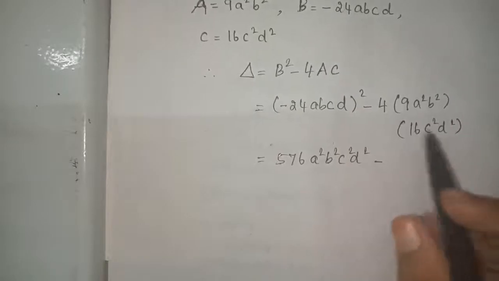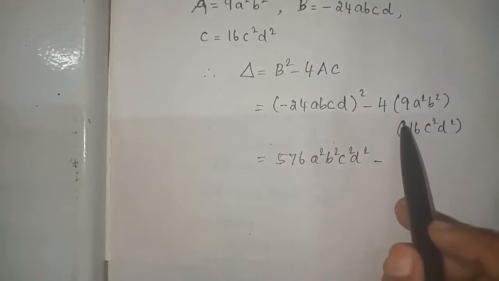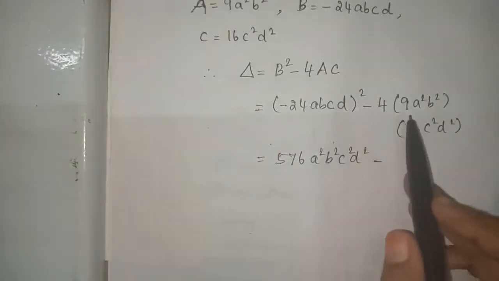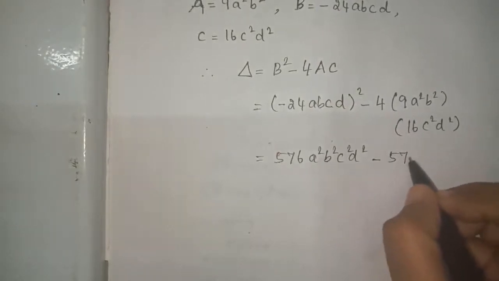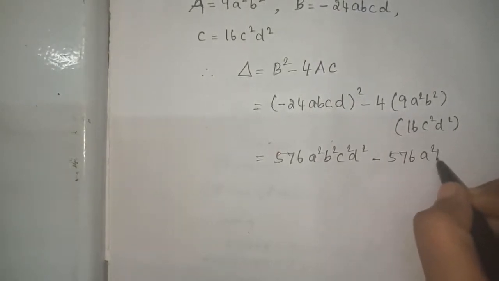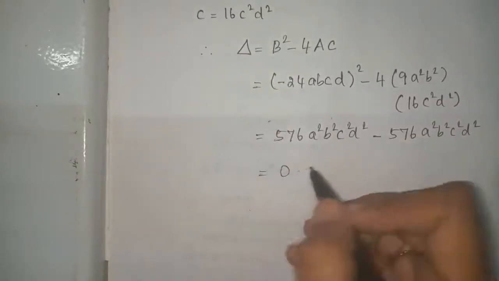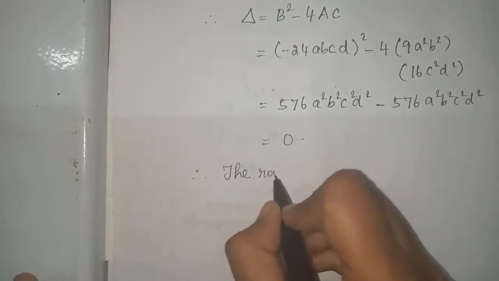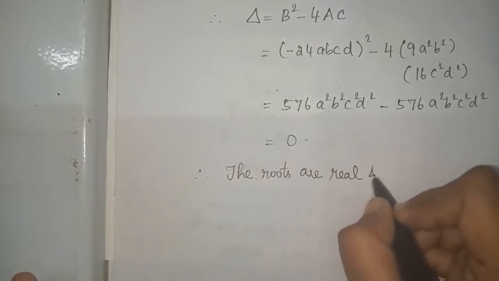Then minus, already you solved the same number problem in an example problem. So 4 9s are 36. 36 into 16 also you have 576 A square, B square, C square and D square. So the delta value is 0. Therefore the roots are real and equal.